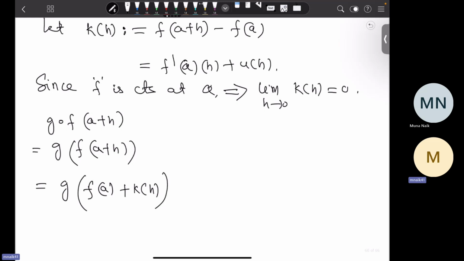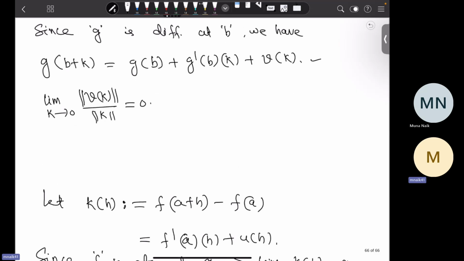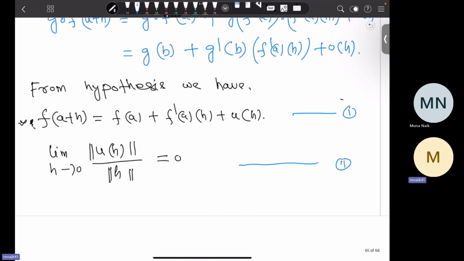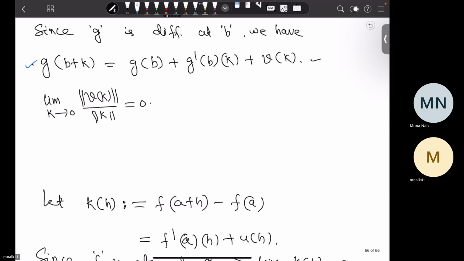Since f is continuous at a, the limit as h tends to 0 of k(h) is equal to 0. So since k is very small, I can utilize this thing. Call this 3, and this 4.